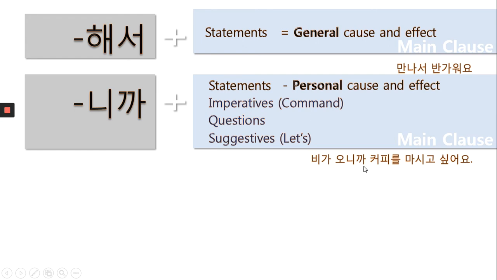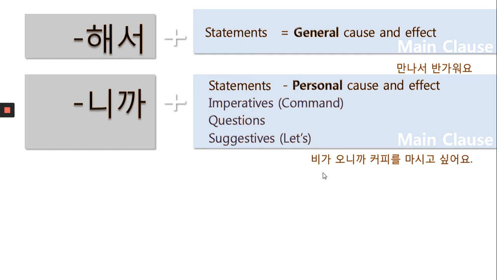Okay, so let's say 해서, 비가 오 plus 아서. Okay, so 비가 와서 커피를 마시고 싶어요. Do you think this is possible or impossible? 비가 와서 커피를 마시고 싶어요. Is this general or personal? Okay, it's very hard to judge. You might think of this sentence this way.